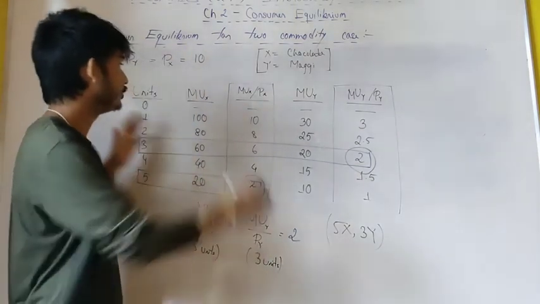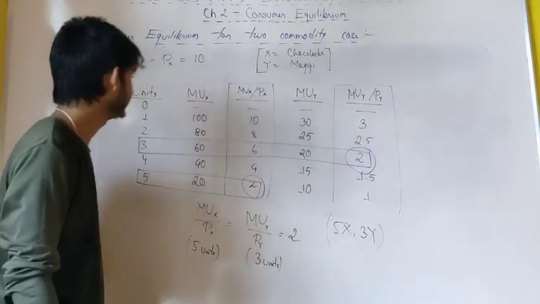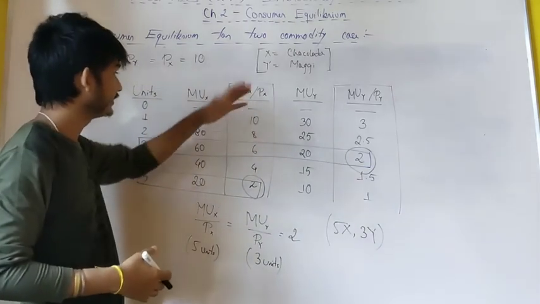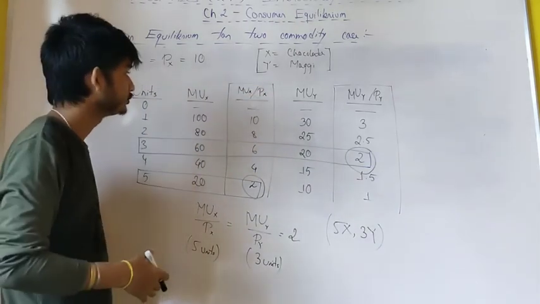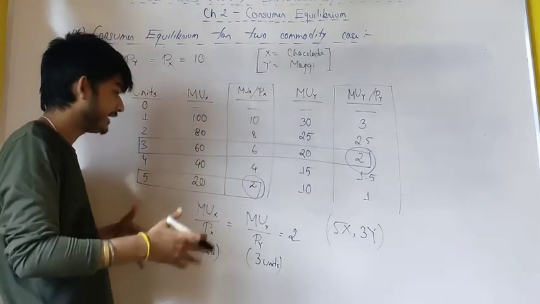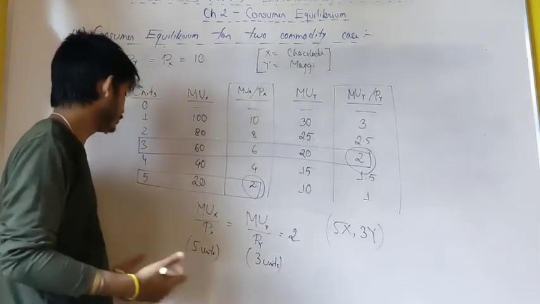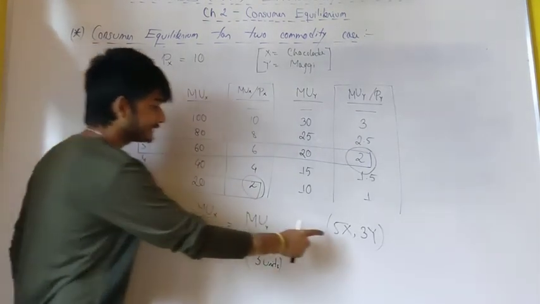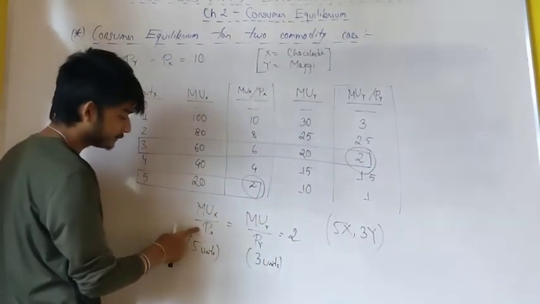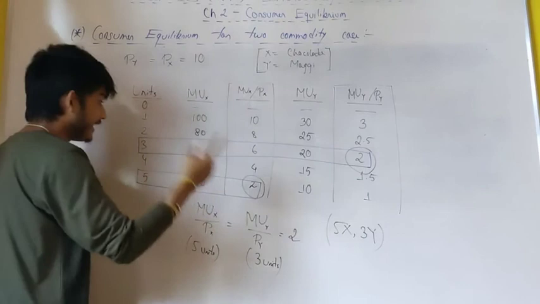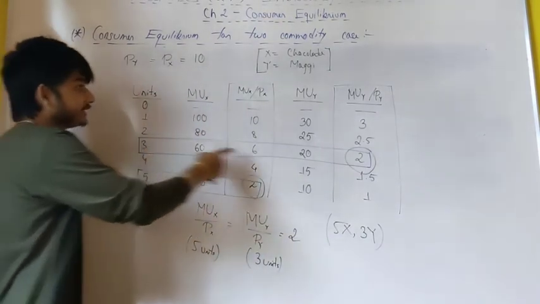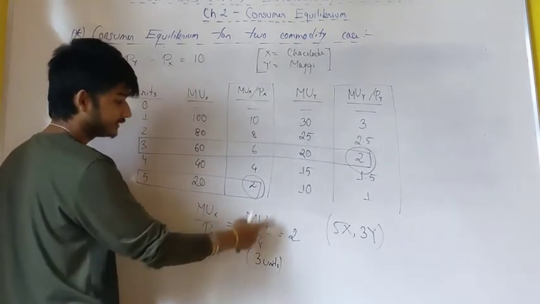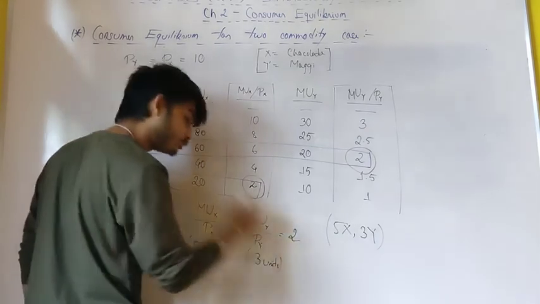And now, doing all these things, we have found out the ratio of marginal utility to the price of the particular good, and doing all sorts of calculation, we can see that when the consumer is consuming 5 units of good X, his ratio of marginal utility to the price of good X consumed is 2, and when the consumer is consuming 3 units of good Y, his ratio of marginal utility to the price of good consumed, that is MUY divided by price of Y, is also 2.